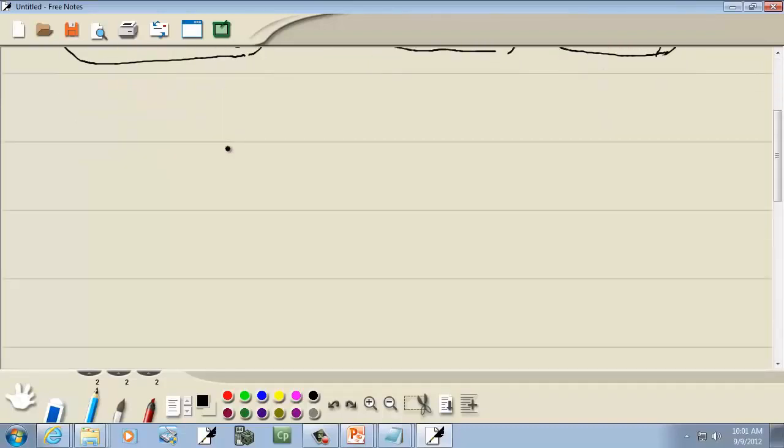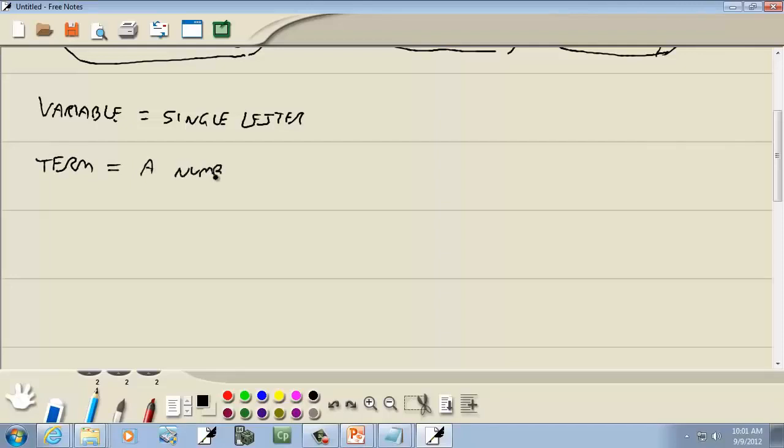So, okay. We've already been referring to variables. A variable is a single letter, and again, it represents a number we don't know. Now you can have something called a term. This is a number.